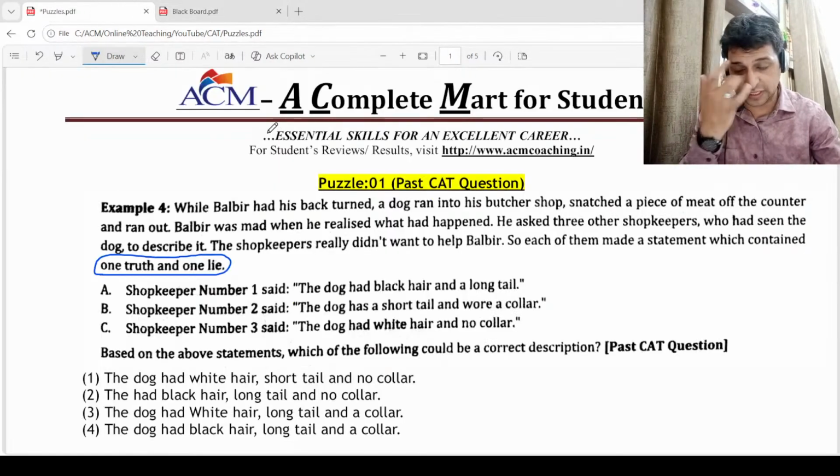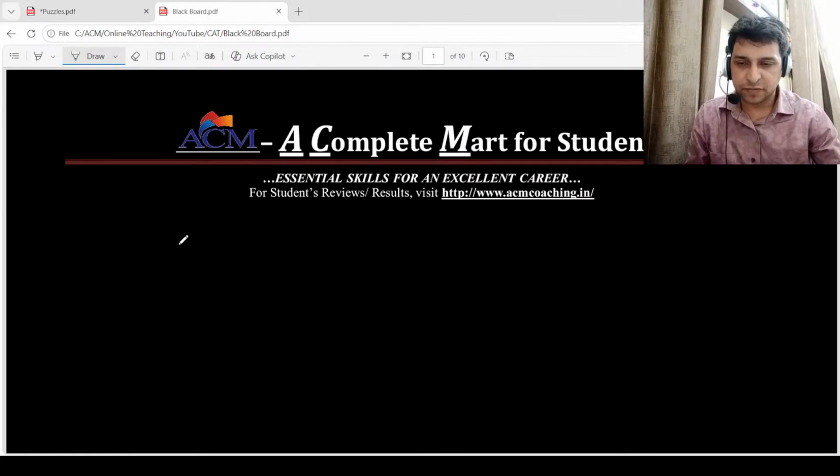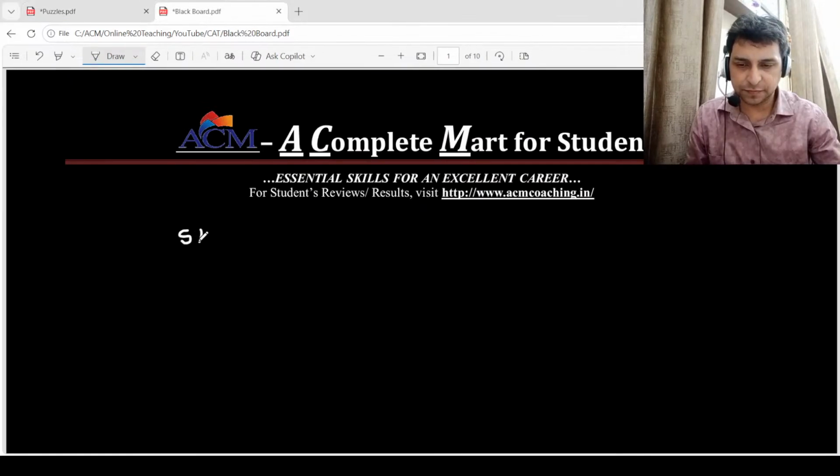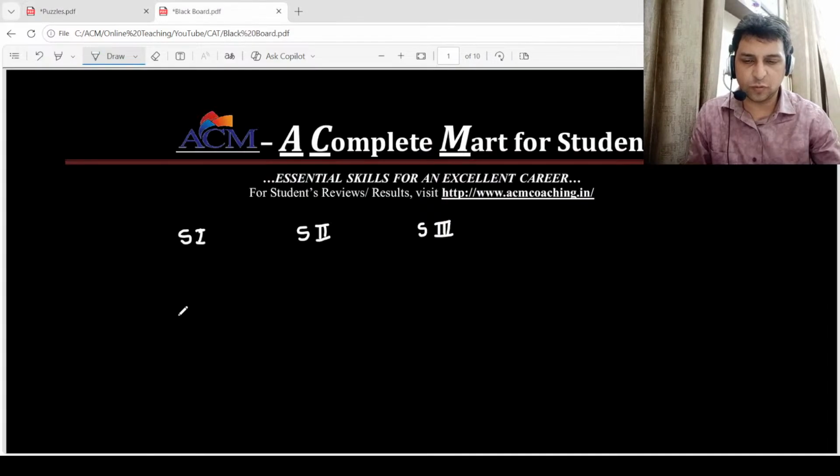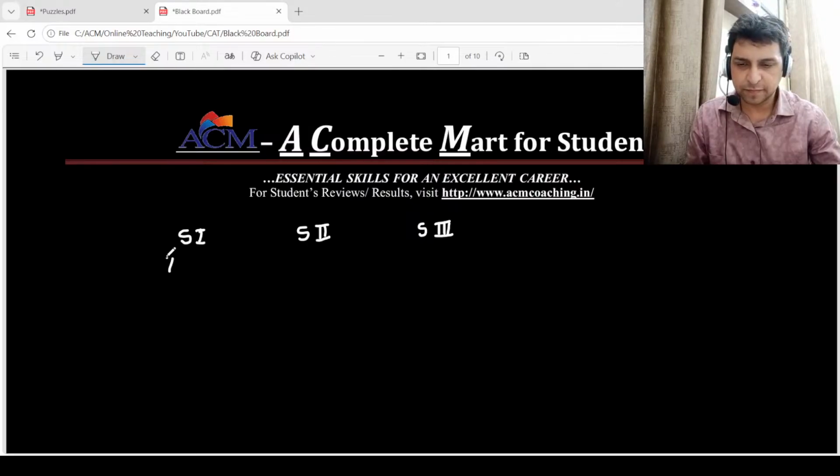So let's see what exactly shopkeepers 1, 2 and 3 said. This is how we're going to take care of these kinds of puzzles. Now, assume shopkeeper number 1 said the first fact was truth and the second was false. This is my case number 1.